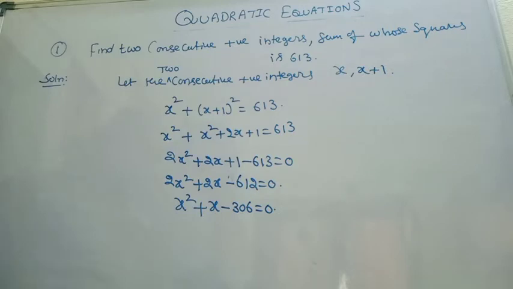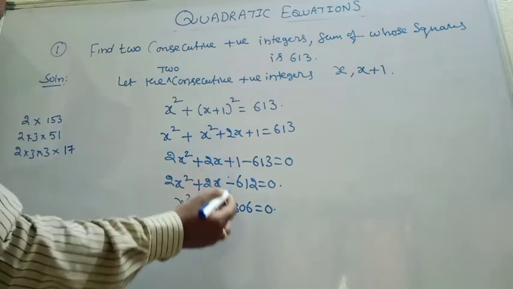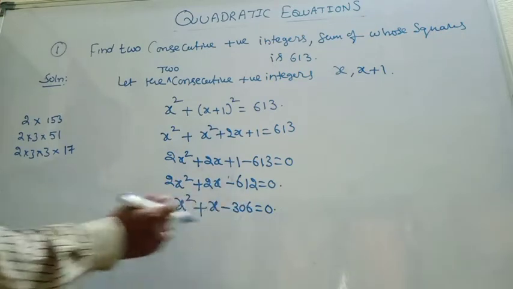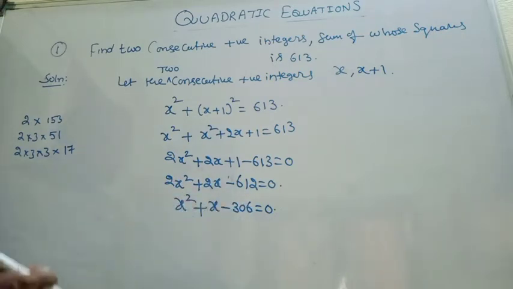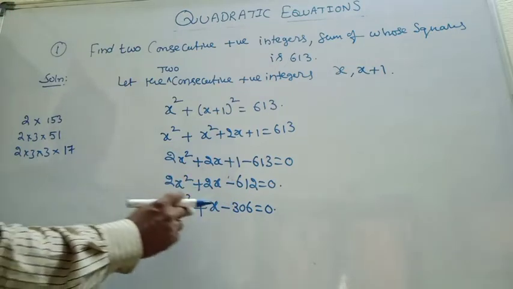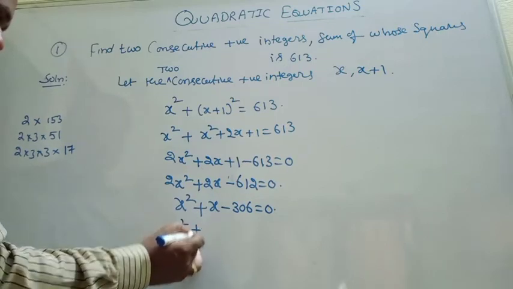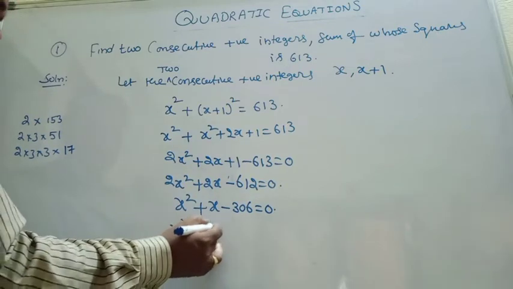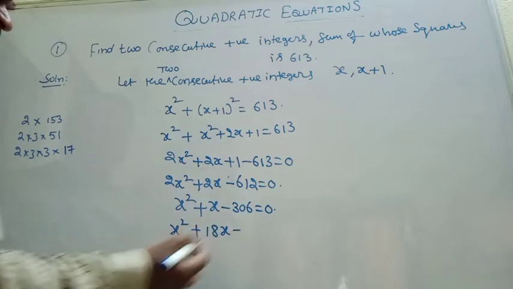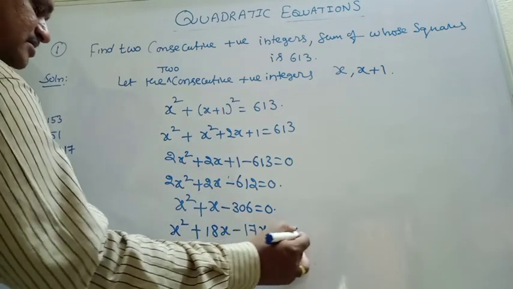Now let us factorize that. If we multiply, we have to get minus 306 x square, and if you add, we need to get a plus x. The suitable ones are x square plus 18x minus 17x minus 306 is equal to 0.